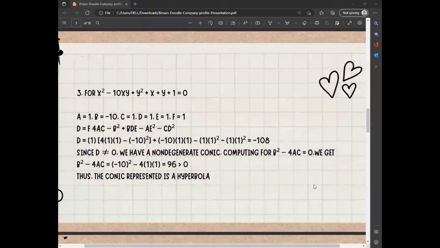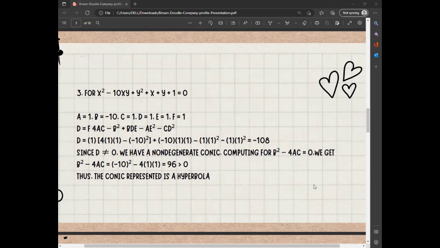So number 3: x squared minus 10xy plus y squared plus x plus y plus 1 is equal to 0. So given a is equal to 1, b is equal to negative 10, c is equal to 1, d is equal to 1, e is equal to 1, f is equal to 1.